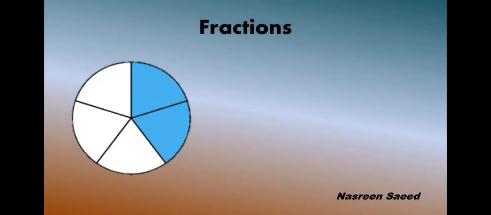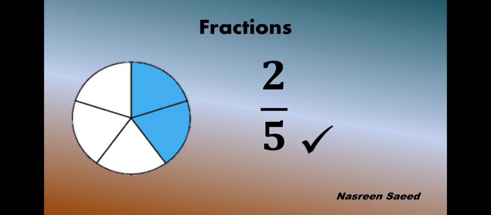Okay. Now here a circular disc is divided into 5 equal parts. If you see, the circle is divided into 5 equal parts and 2 of its parts are colored. The colored part of the disc is shown as 2 upon 5. Here the denominator 5 shows how many equal parts are made of the whole.